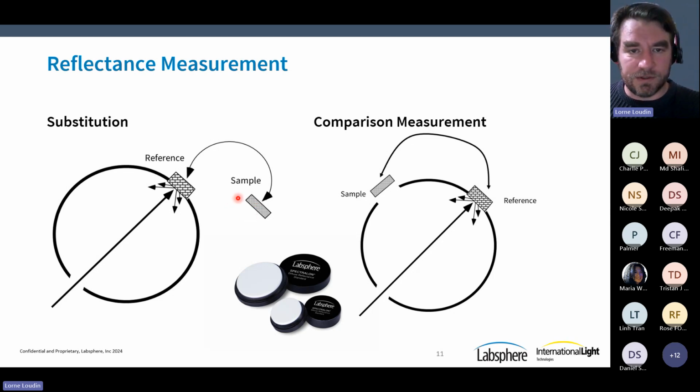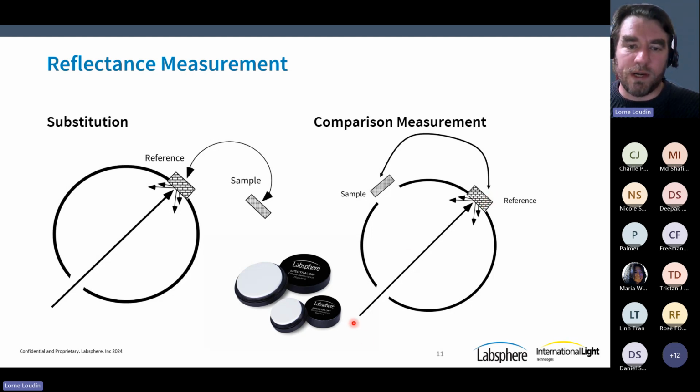Sometimes it's a matrix match in certain chemistry applications. That's one way to do it, but there's a more accurate way, which is using a comparison measurement where both the sample and the reference are always mounted to the sphere during the measurement process.